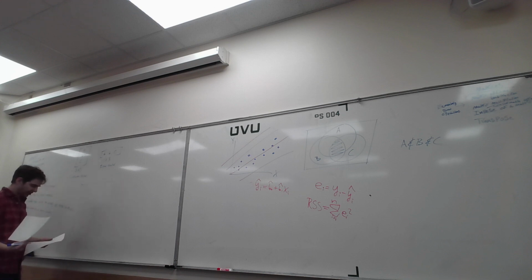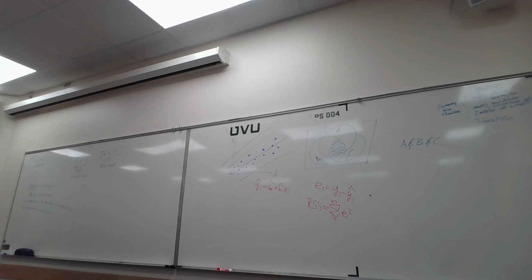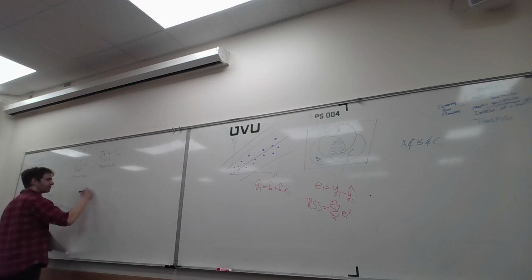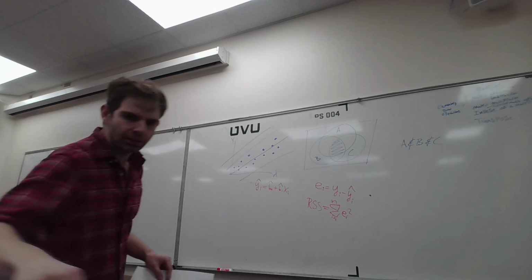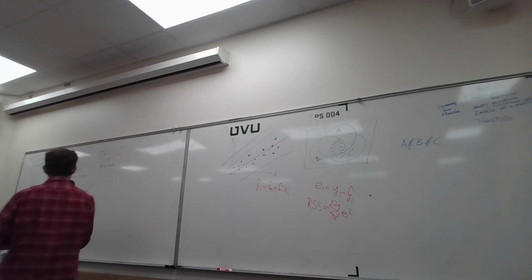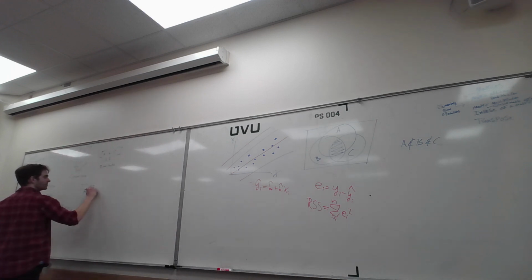So let's just pick, I thought that I had an example, but I must not. I brought the other sheet, so I'll just make one up and that'll be fine. Okay, so let's have some simple matrices. Let's let A be equal to 1, 2, 3, 4. Okay.